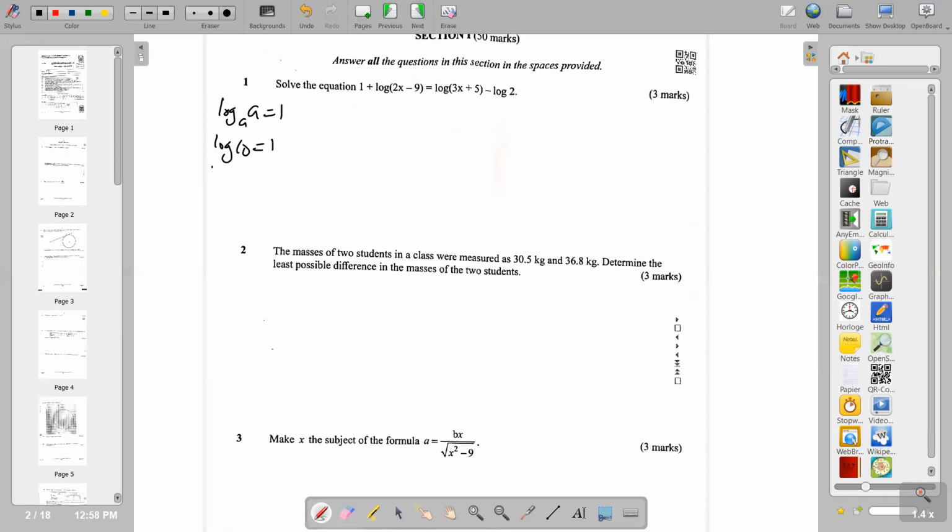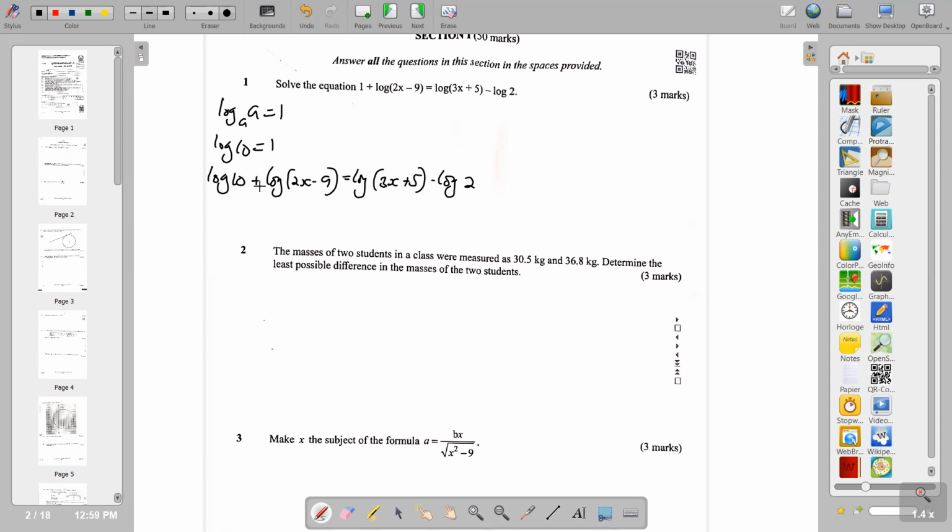So that will be log of 10 plus log of 2x minus 9 is equal to log of 3x plus 5 minus log of 2.